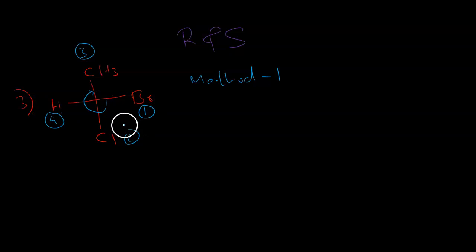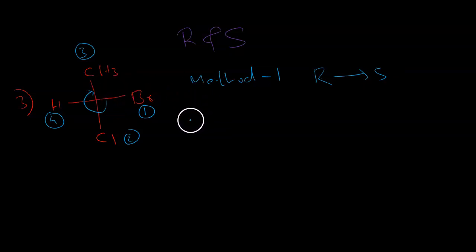Don't consider the fourth one. So 1, 2 and 3 becomes clockwise, and as hydrogen is on a horizontal position, it should be on a vertical line. So the notation will change. The notation R becomes S. In this way you have to write R becomes S by showing the priorities.